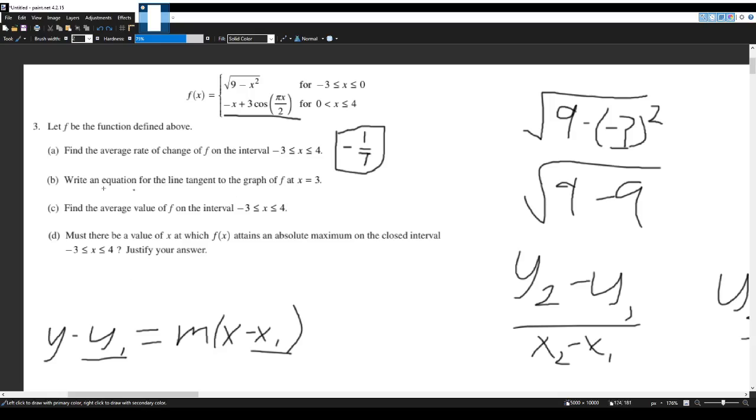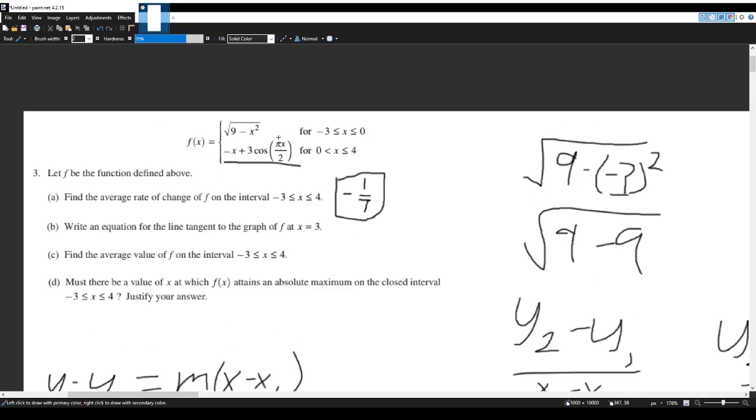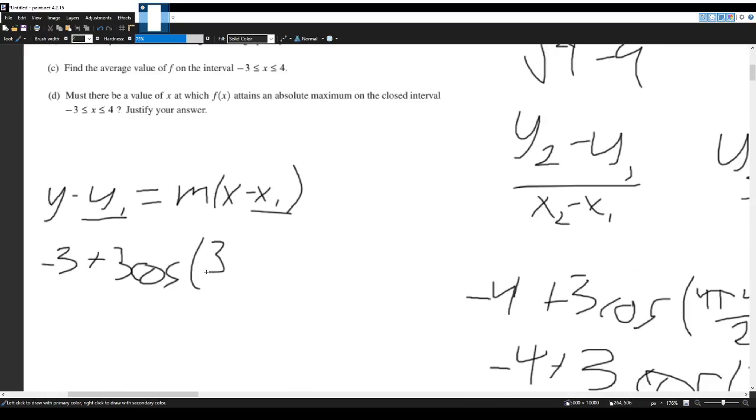What is f of 3? Plug 3 in: -3 plus 3 cosine of 3 pi over 2. Cosine of 3 pi over 2 is 0, so this whole thing is 0, and we just have -3.